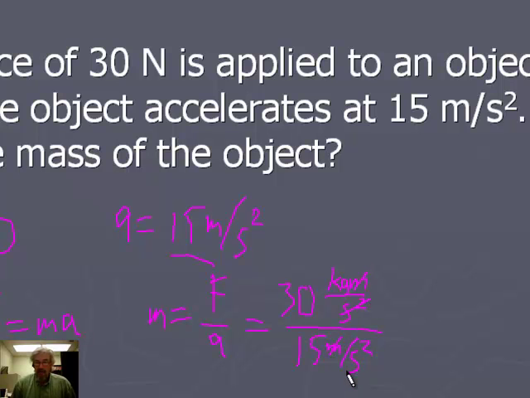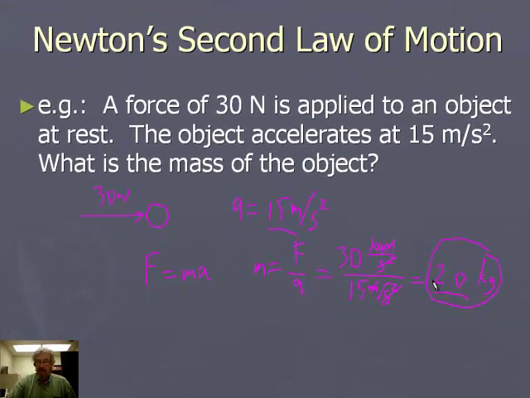I have seconds in the denominator, up and down, so they drop out, and mass comes out in kilograms. Well, that's a pretty good evaluation tool because that's the right unit for mass. 30 divided by 15 is 2, so I could say that my mass must be about 2 kilograms. You can actually weigh things in a zero gravity zone by just accelerating them, and that's what they do, like in the space shuttle or places like that.